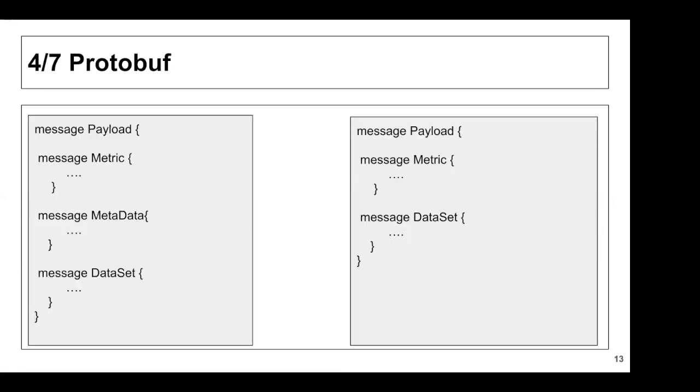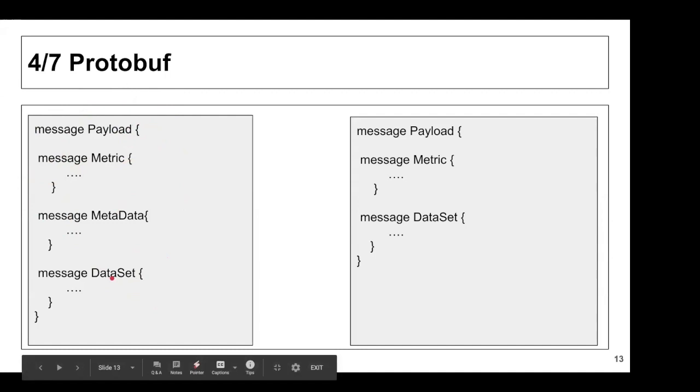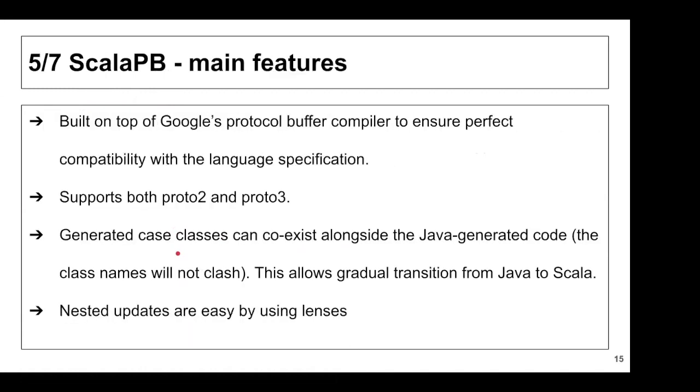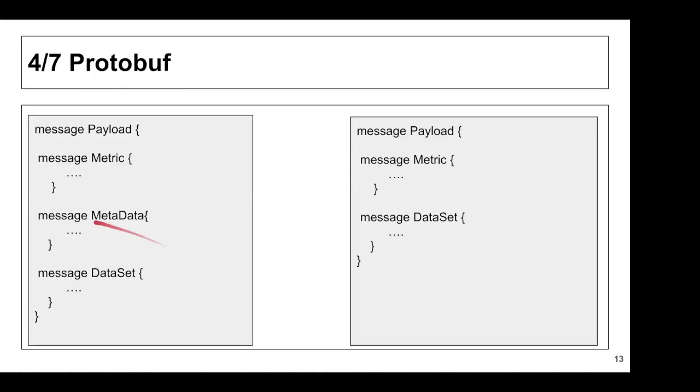Another interesting part that I use in my project is that we can define a message with a payload which contains several messages. The message was serialized using this proto file. But if I am only interested in the messages like dataset and metric on the client side, I don't need to create the deserialization code for metadata.